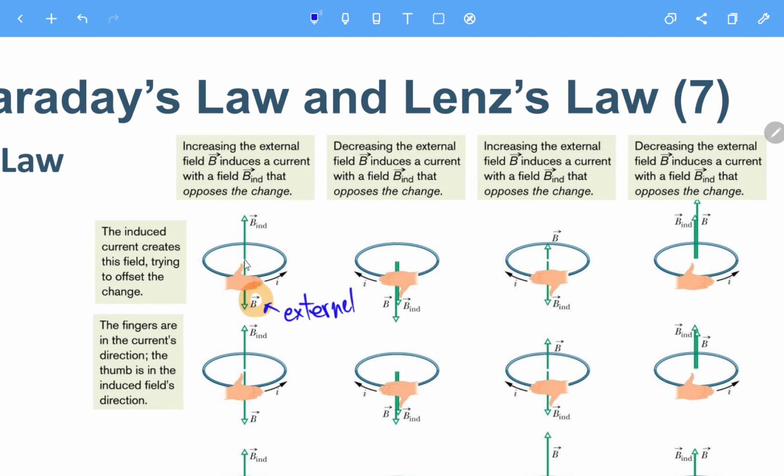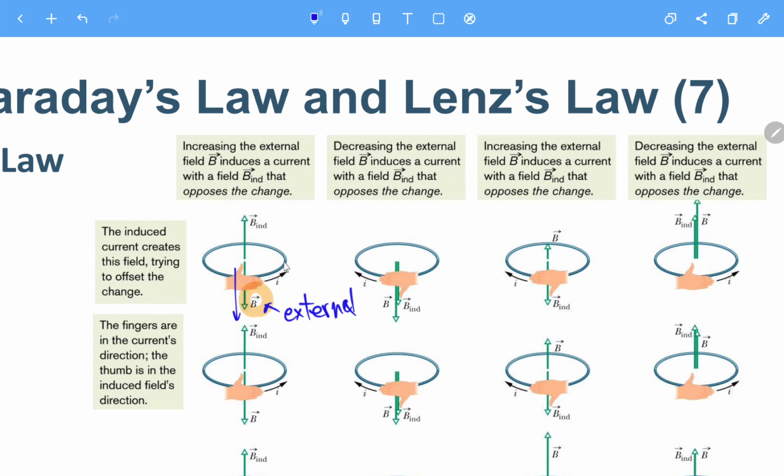If this external B field is increasing, the magnetic flux across this loop will be increasing and pointing downward.